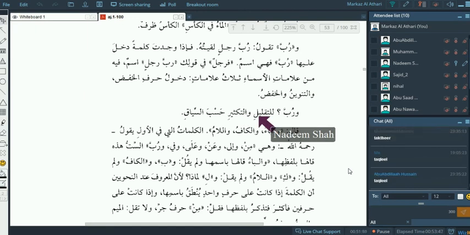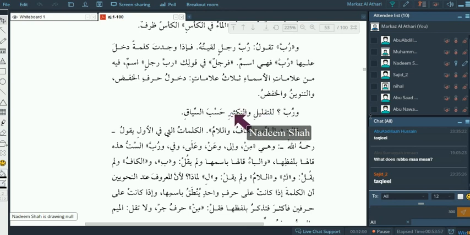Standing in the desert and you say رُبَّ رَجُلٍ لَقِيتُهُ, it's possible that I meet a man here. So, taqleel means little possibility of something. Takthir means a high possibility of something. Little of something, taqleel, and much of something, takthir.